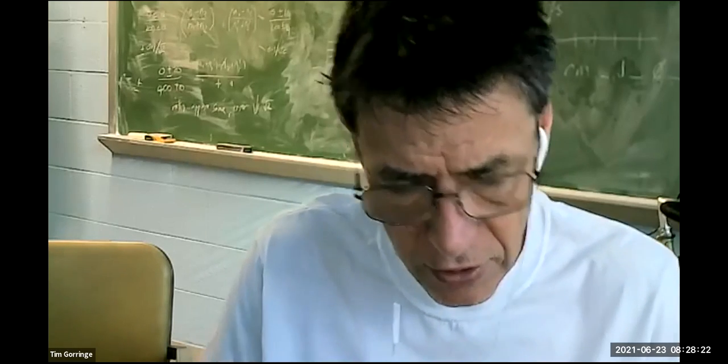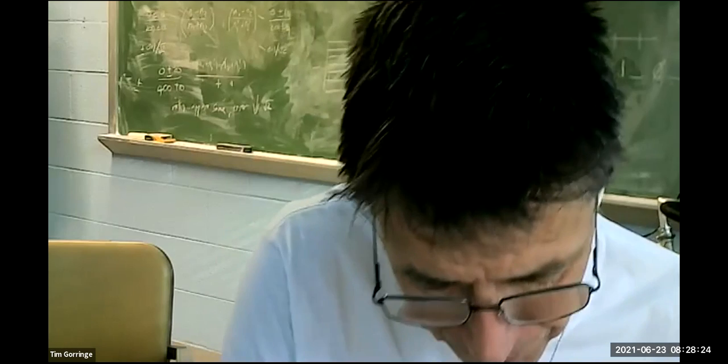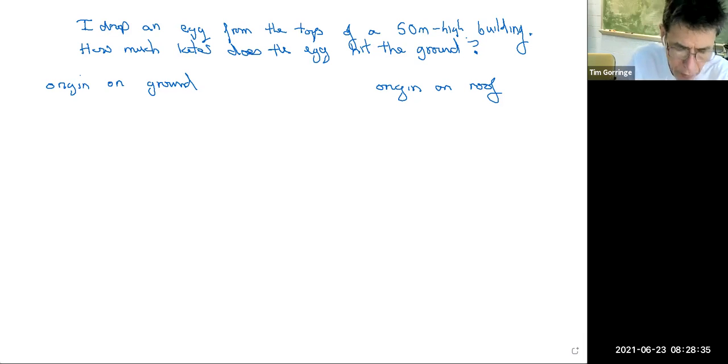So let's take a look at that example. In this problem, I went to the top of Patterson Office Tower. It's a 50-meter high building, and I dropped an egg from the top of Patterson Office Tower to the floor below. And we're going to figure the time that it takes for the egg to reach the ground below. And we're going to do it with these two possible choices.